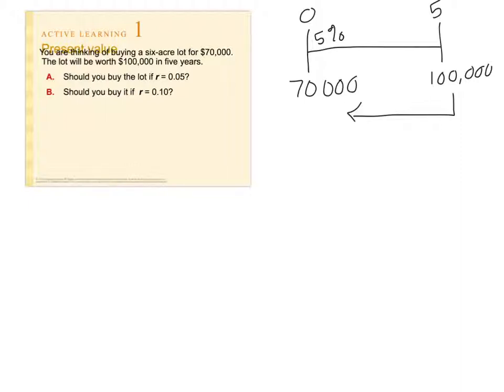So again, I'm going to use the first formula. The present value is equal to the future value over 1 plus the interest rate to the negative nth power. Filling that in, we have 100,000 over 1.05 to the negative fifth power.